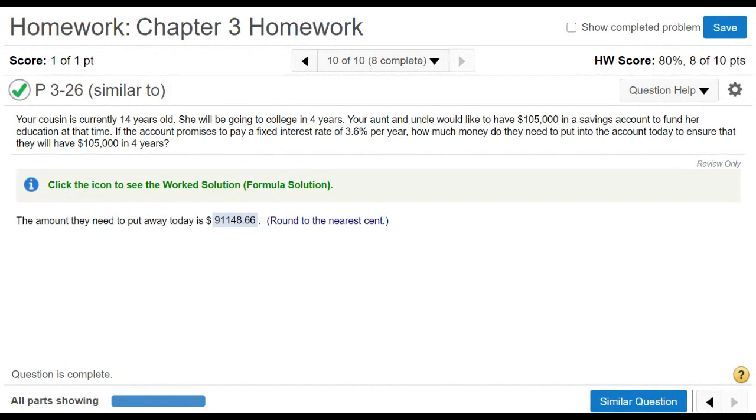So that means that they need to know the present value. What do I need to put in the bank today to have $105,000 4 years from now? That's what the question is asking. And you need to have the present value, right?